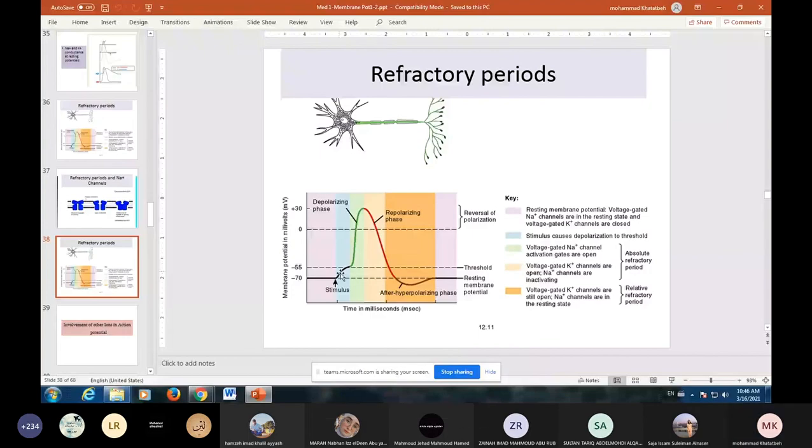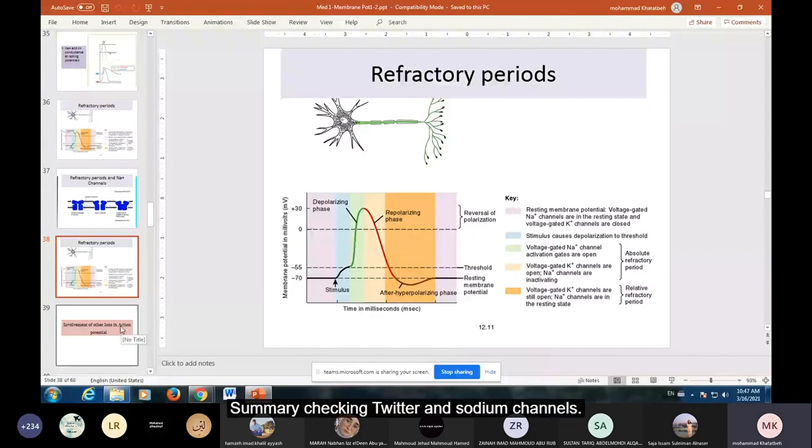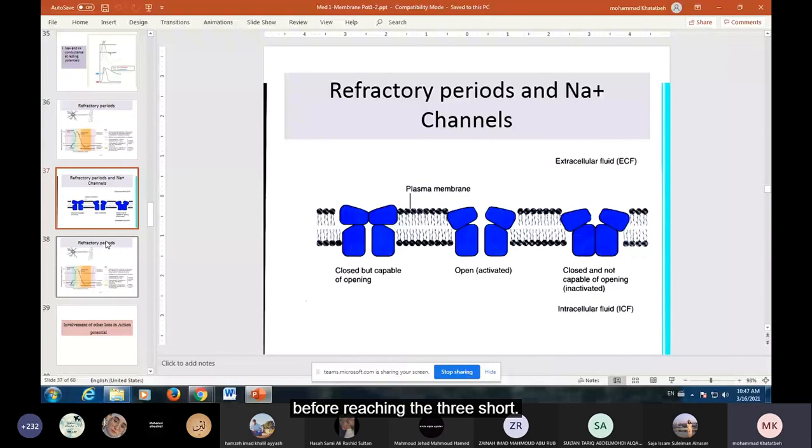A question: when do the sodium channels become not capable and inactivated? In any phase, each one of them could become so. They are closed here in that situation before reaching the threshold.